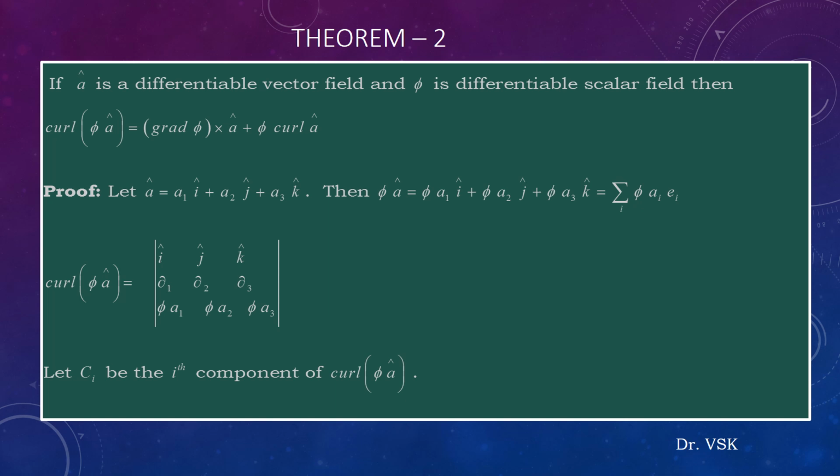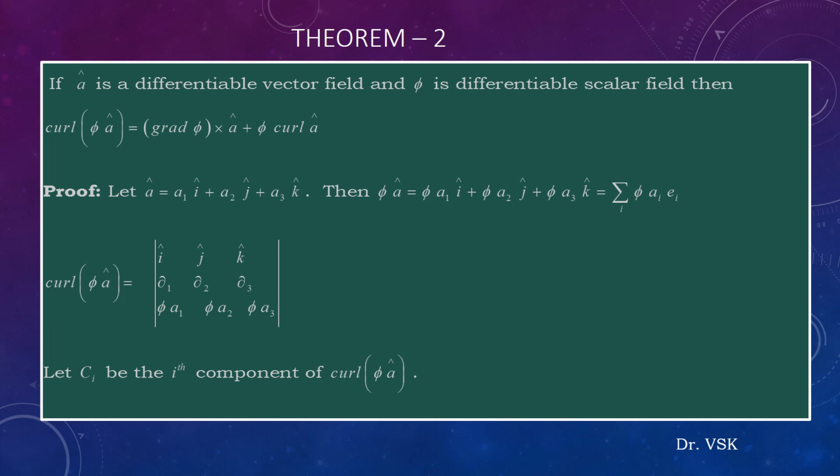If we expand this determinant with respect to the first row, the first component, or the coefficient of i cap, is dou 2 of phi a3 minus dou 3 of phi a2. We represent this component with the symbol C1. Similarly, the second component C2 is the coefficient of j cap in this expansion.